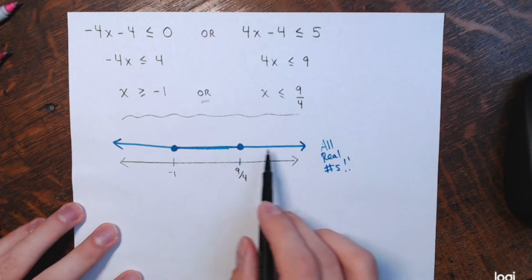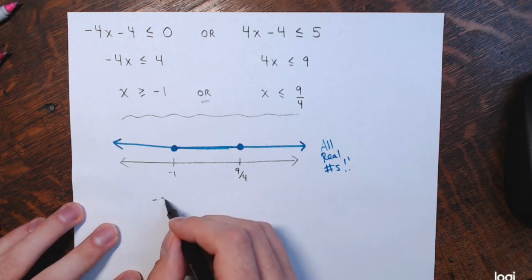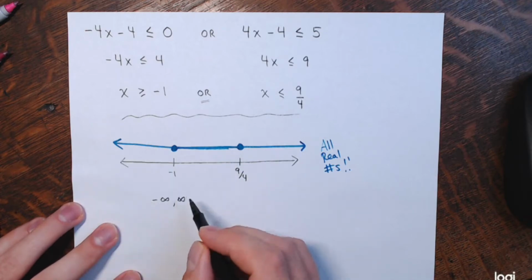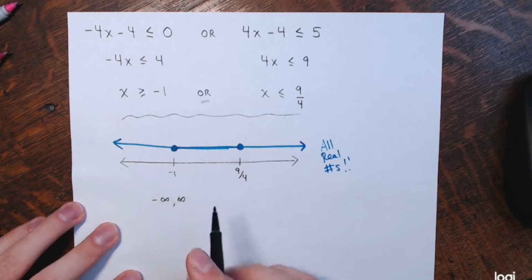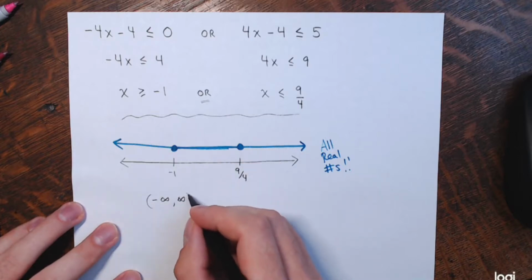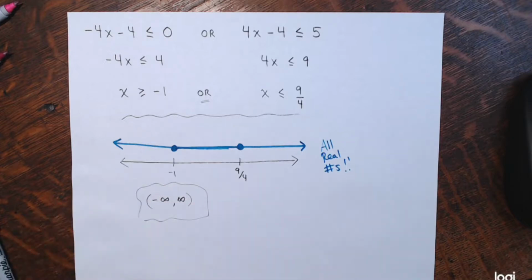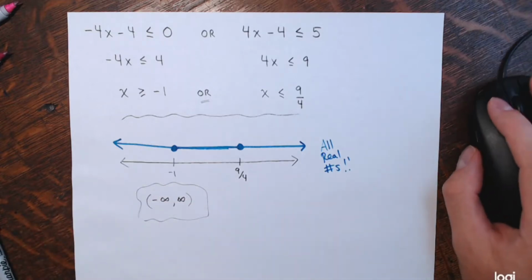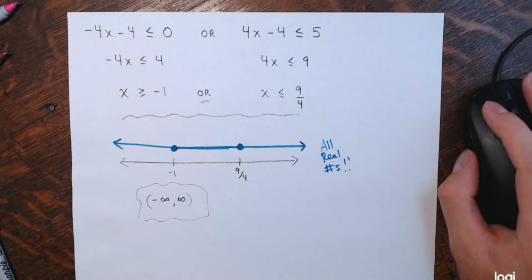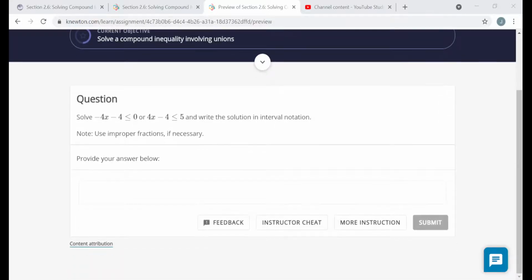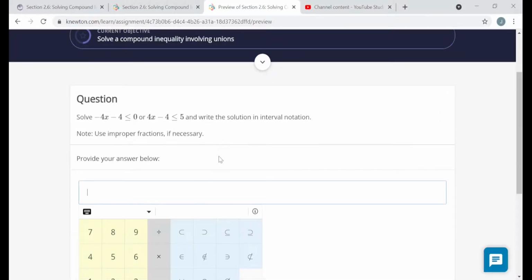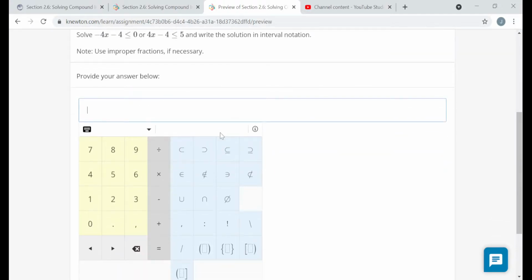And then the interval notation for this would be from -infinity to +infinity. And there's no gaps, no breaks, no holes, and always parentheses on infinities. So there's your interval notation for all real numbers. And that is what I will enter. Right, so back here, now parentheses.